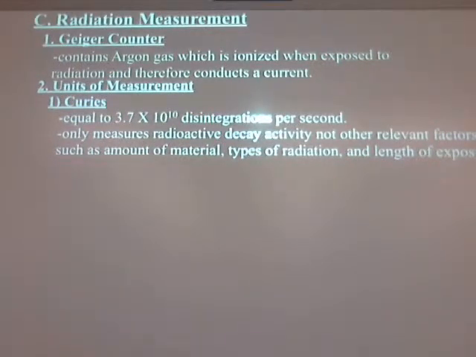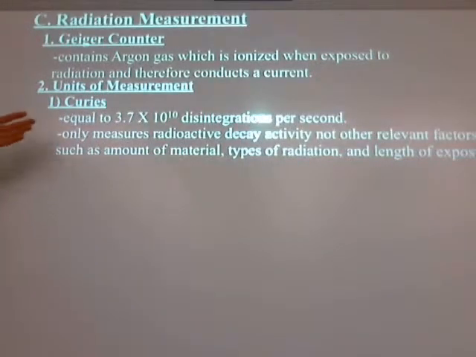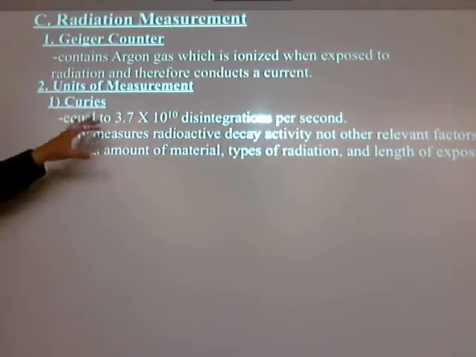Nagasaki and Hiroshima killed a couple hundred thousand people. Why did only 50-some people die from the initial blast at Chernobyl, and maybe a couple thousand afterwards? Well, because this is not that useful a measurement.